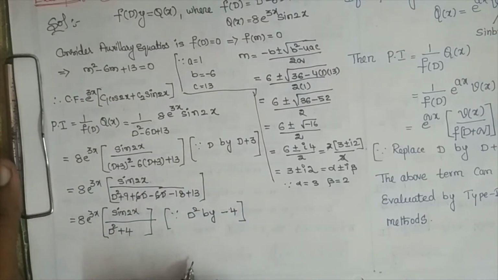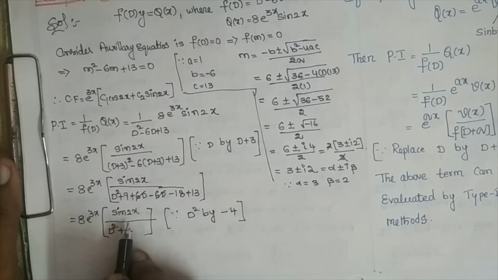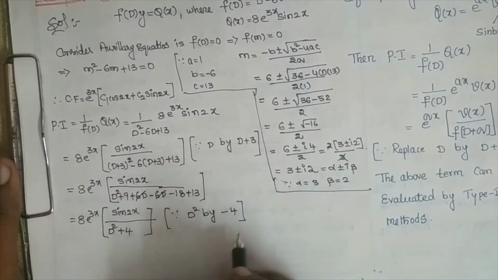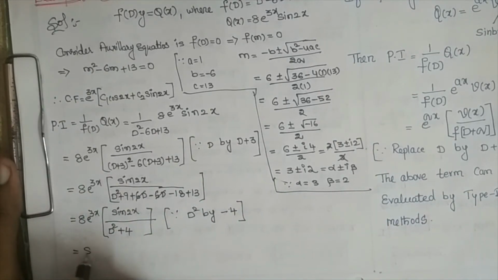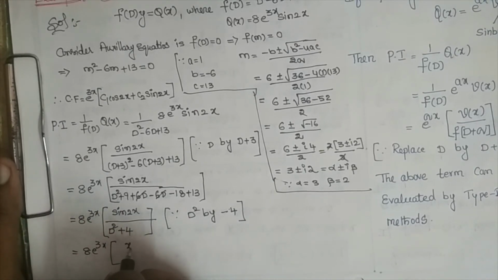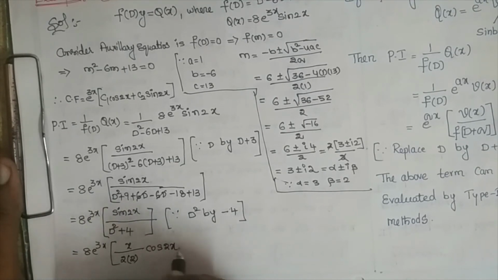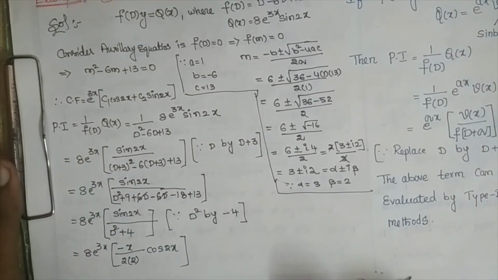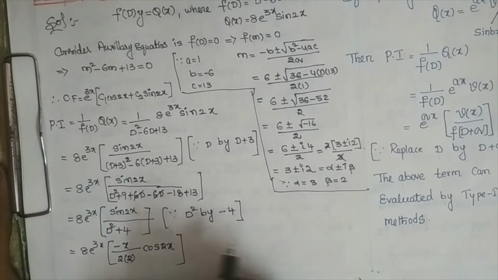We have two cases in type 2; here f of D square is 0, so we follow the formula: 8 into e power 3x, minus x by 2b into cos bx, that is cos 2x.